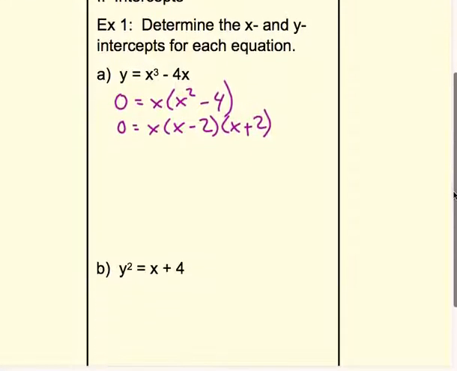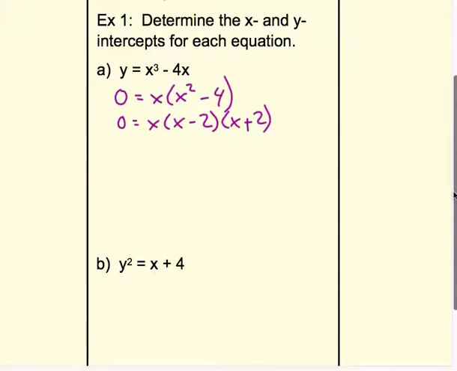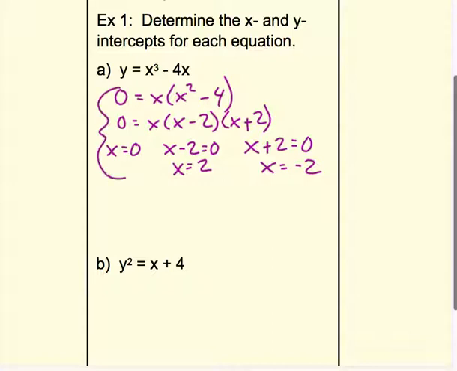And then to solve for the x-intercepts, we set each piece equal to 0 and solve for x. So we get x equals 0, x equals 2, or x equals negative 2. Sorry, I really should have labeled my work, and I didn't even label which intercept, x-intercept.